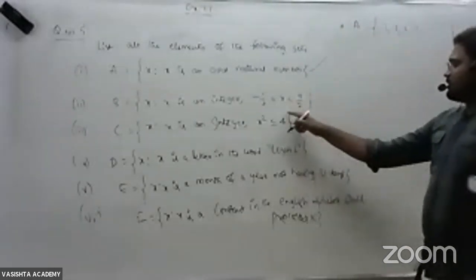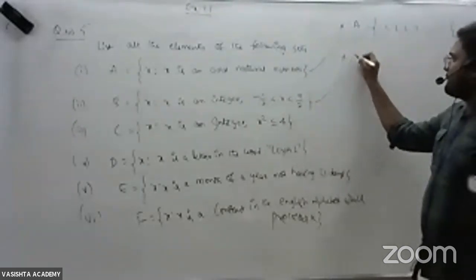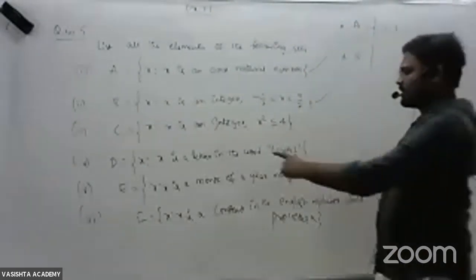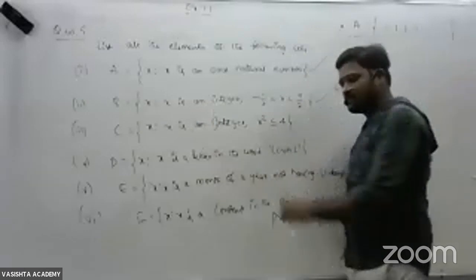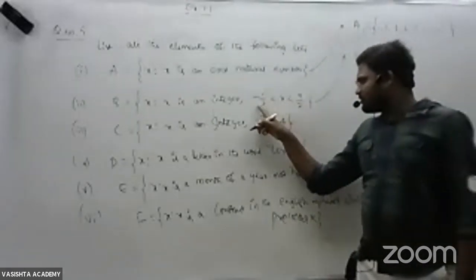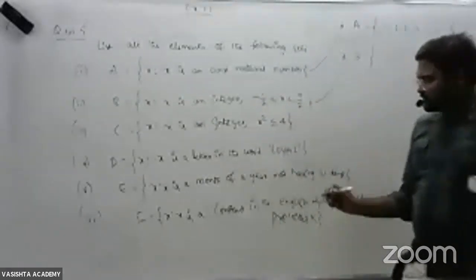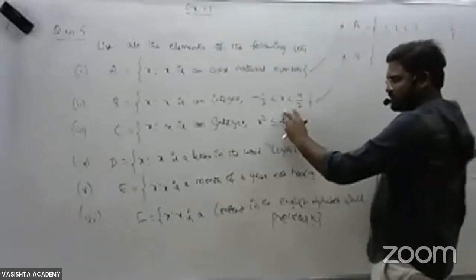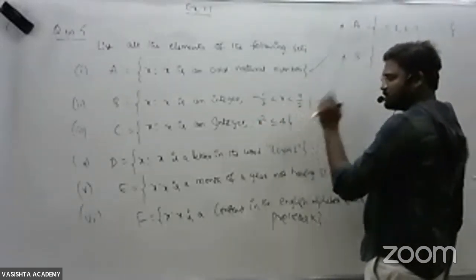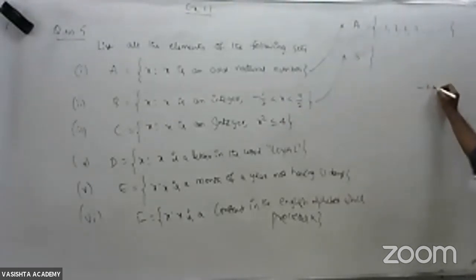Now look at this one. B. It says x is an integer and x is a number lying between minus 1 by 2 to 9 by 2, which means I have to collect all the integers between minus 1 by 2 and 9 by 2. Now, what is 1 by 2? 0.5. Minus 0.5 less than x less than 9 by 2, which is 4.5.